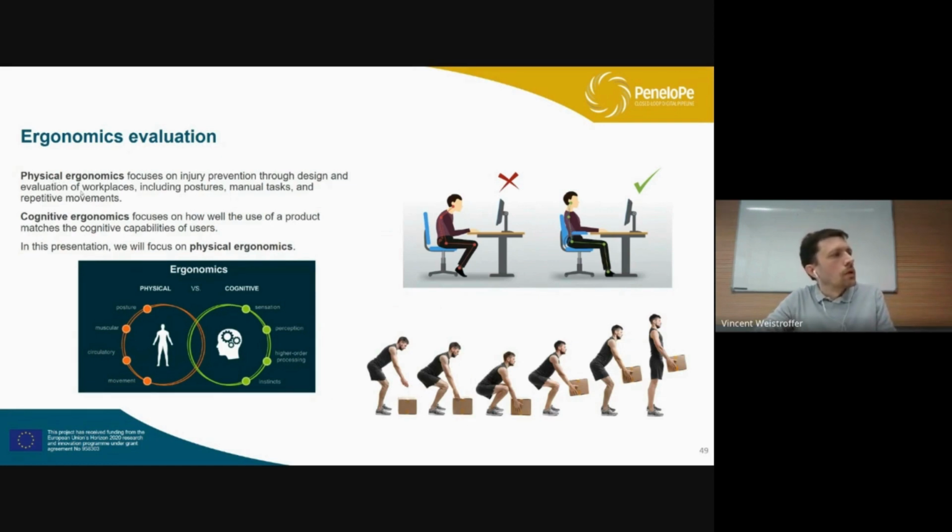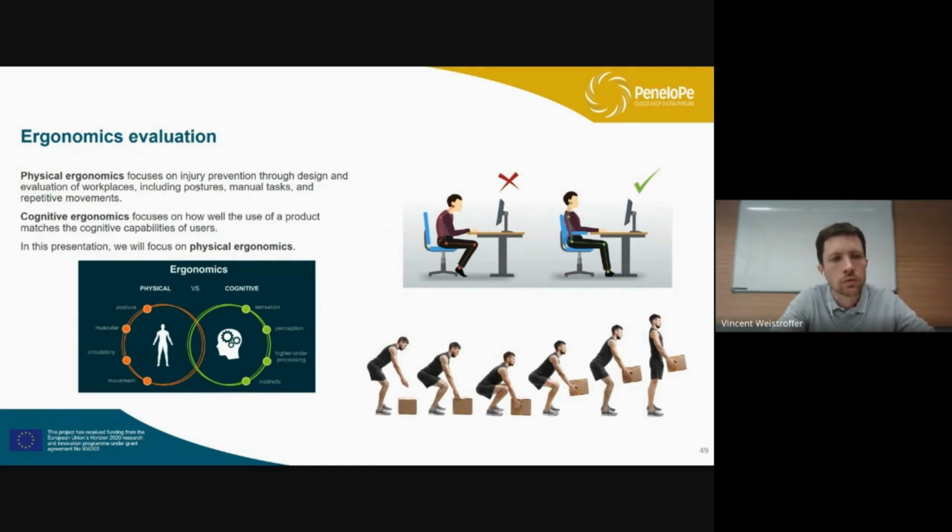Additionally to physical ergonomics, you have cognitive ergonomics, and this mainly focuses on how well the use of a product matches the cognitive capabilities of users. So it's mainly related to the mind and to the cognitive load of users, especially when you have to remember plenty of activities to do, or when you use a complex 2D interface, then it will increase your mental workload.